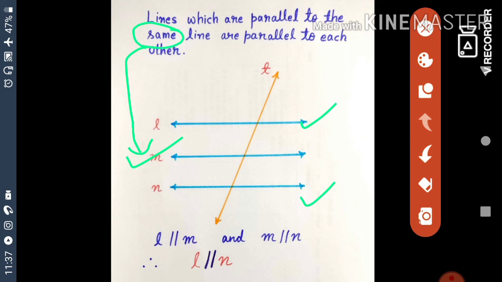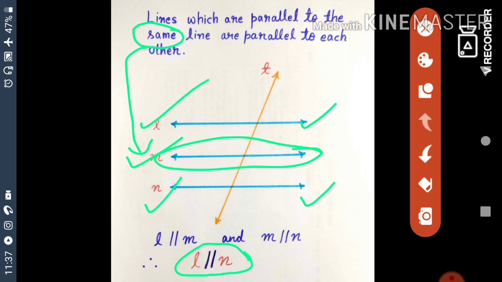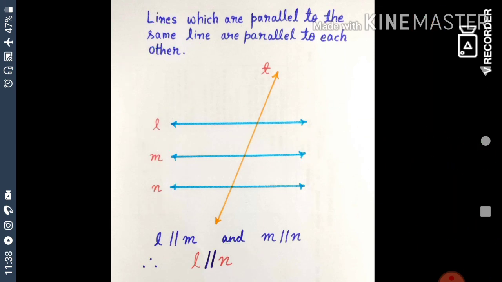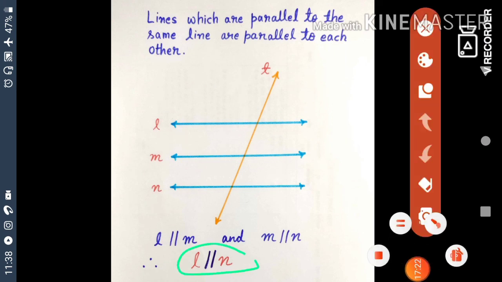It means line L will be also parallel to line N. Okay, because L is parallel to M and N is parallel to M. So in this case, M is common, it will be removed. So what is left? L and N. So L is parallel to N. As you can see here, line L is parallel to N. Okay, this is theorem number 6.